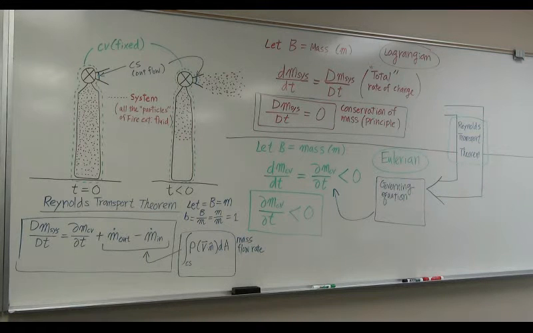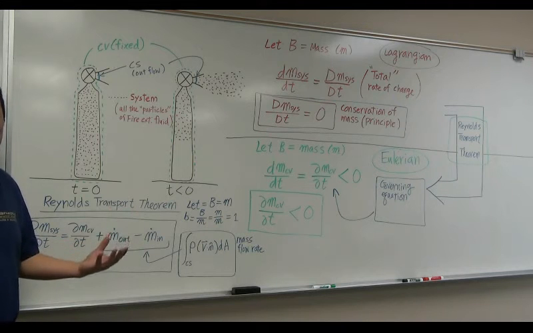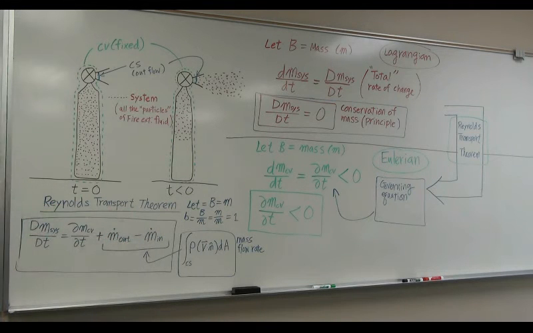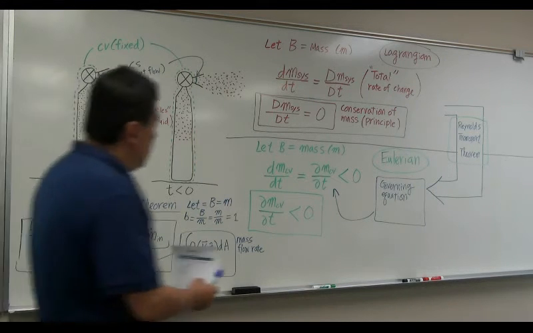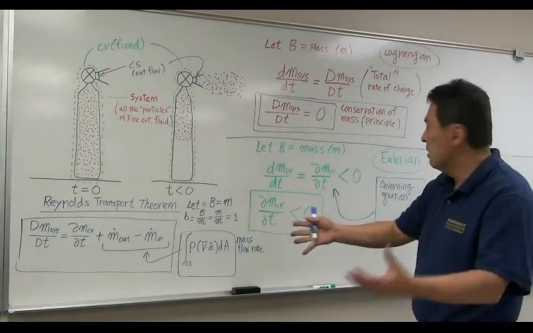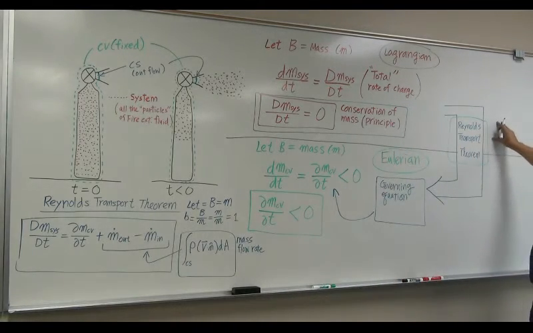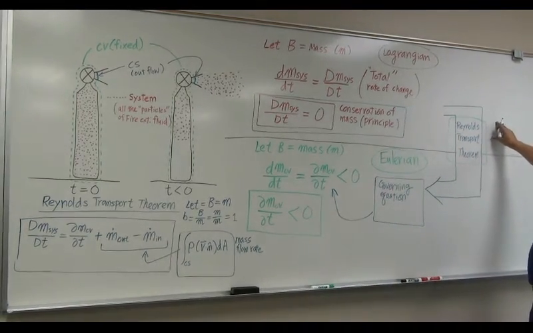And then if I stop here, then you react like, so what? So what? This is Reynolds transport theorem. Does it solve the problem? No, not really. Reynolds transport theorem doesn't solve anything. It is a building bridge between those two. Okay? So let me just write it here.